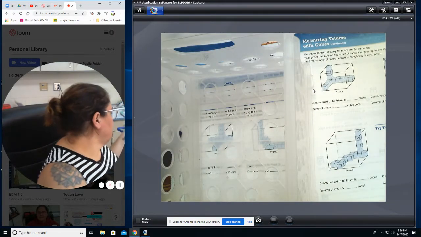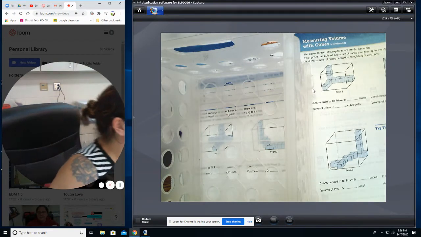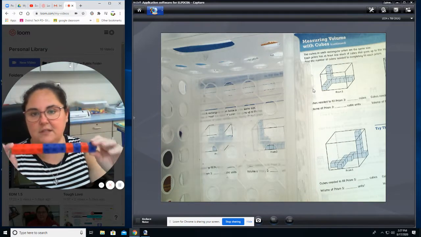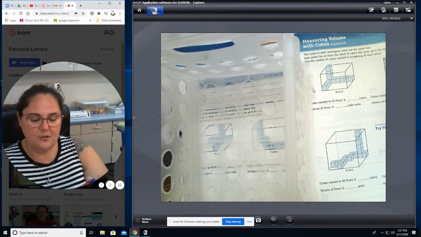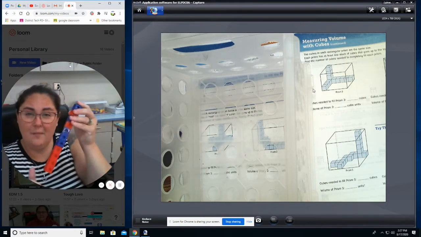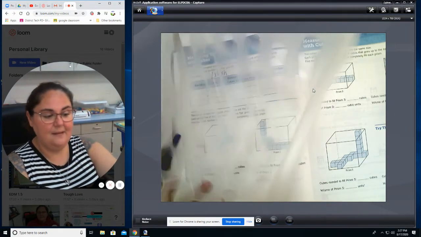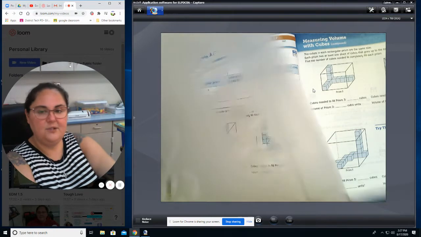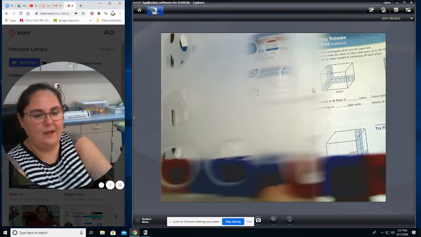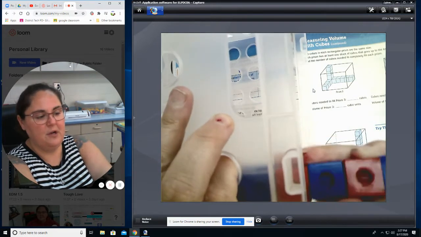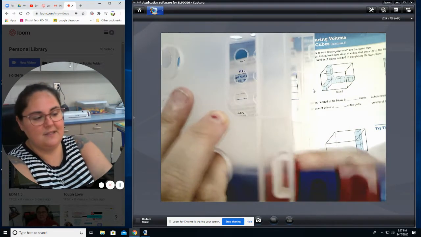So we're going to start today by looking at this cube. I'm going to use these little Unifix cubes. These are the ones that you can make patterns with, and they're just kind of fun. They connect together. I'm stacking them in. Do you see right where the blue one ends? That's where I'm going to pull it apart. I'm going to pull this blue one off because that one is a little bit too much.